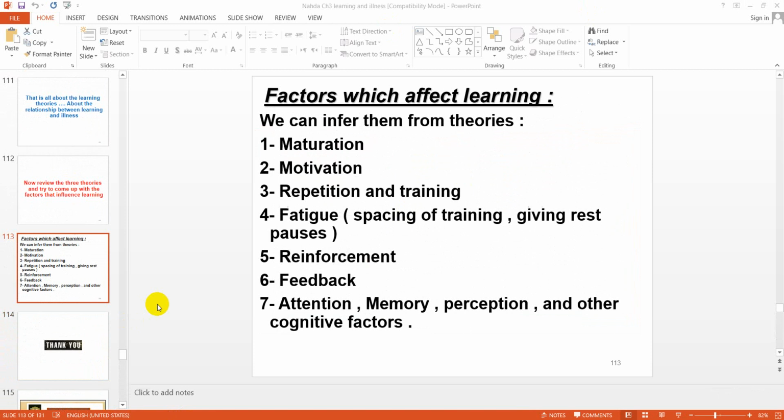This slide shows you factors that affect learning, including maturation, motivation, repetition and training, fatigue, reinforcement, feedback, cognitive functions such as attention, memory, perception, and so on.